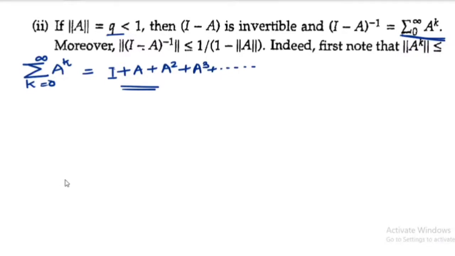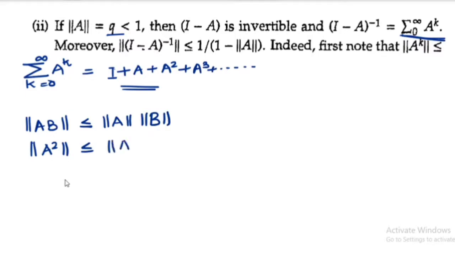We know the result that norm of AB is less than or equal to norm of A into norm of B. Therefore, norm of A square is less than or equal to norm of A into norm of A, which is equal to norm of A whole square.